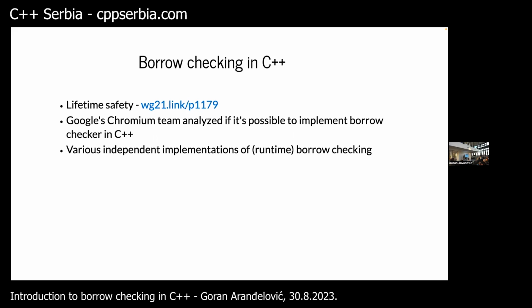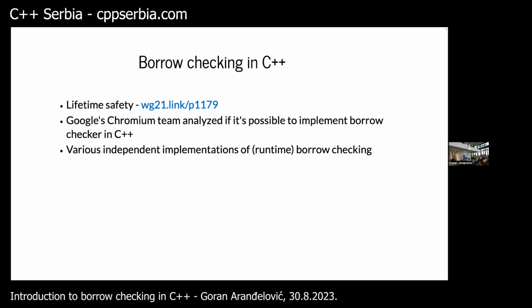What can we do in C++, or what is done so far in C++? There is one document called lifetime safety. I think it's pretty old stuff, right? Somewhere from 2015, and Herb Sutter was, I think, one of the first who introduced this concept.